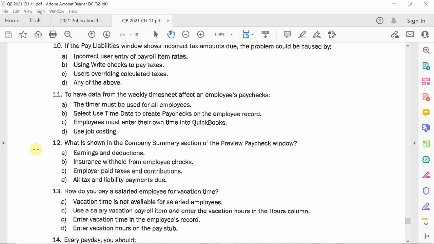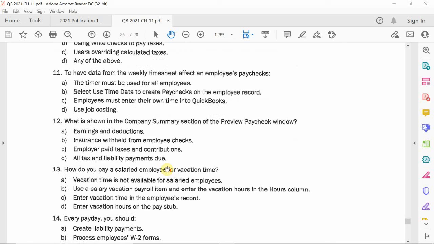Again, this is something you had to figure out on your readings. Okay, this is very detailed in regards to visual. You have to make sure that you actually take a look at this. But yes, it is C, the employer paid taxes and contributions. Yes. Okay. That's what shows up on the preview for the company summary section on the actual preview paychecks.